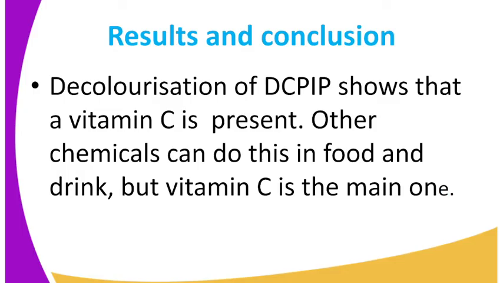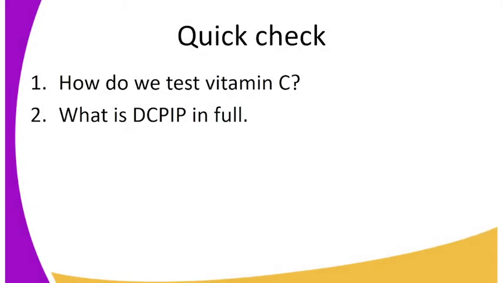Discolorization of DCPIP shows that vitamin C is present. You have to note that other chemicals in food and drink can do this, but vitamin C is the main one. So anytime you see discolorization of DCPIP, there is presence of vitamin C.